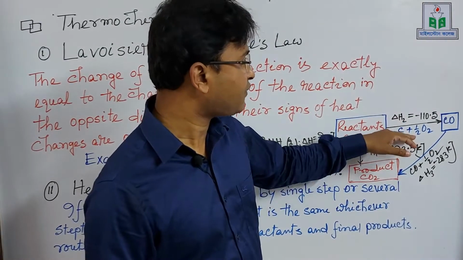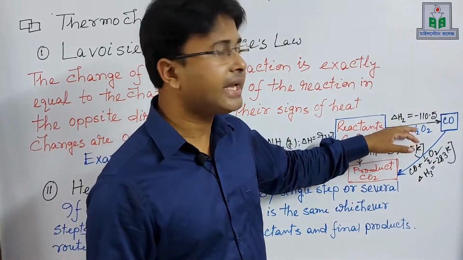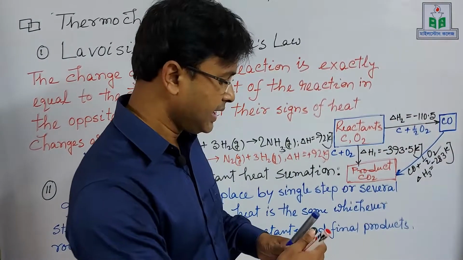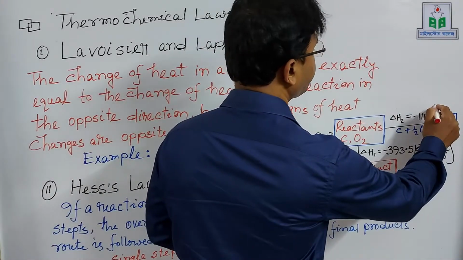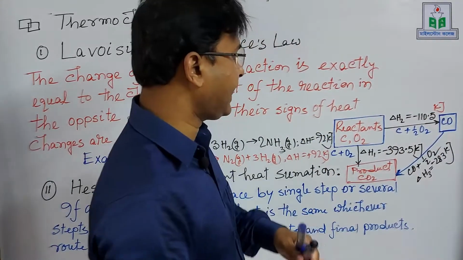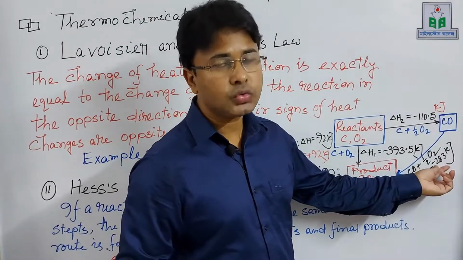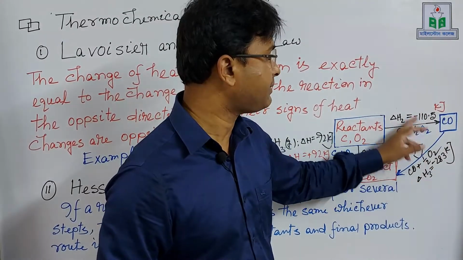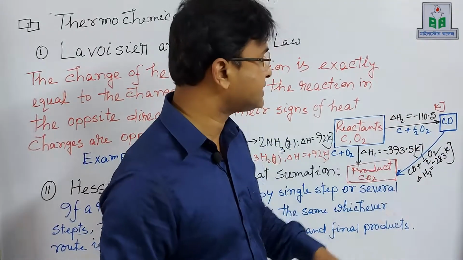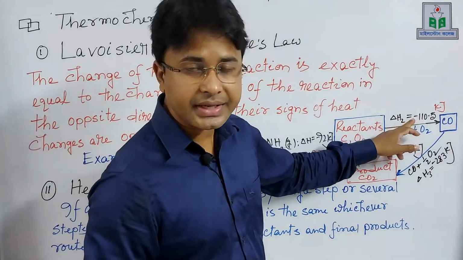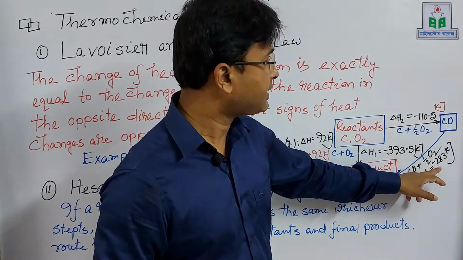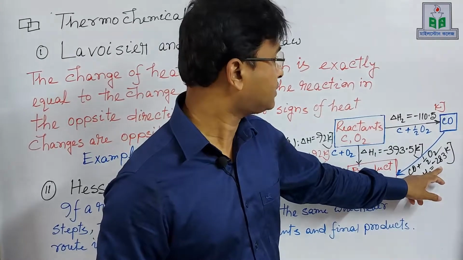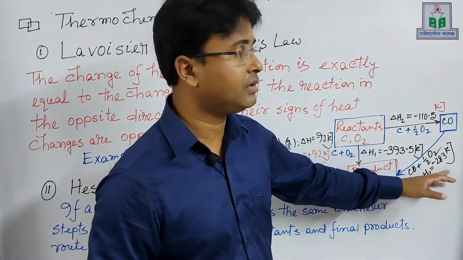At the first step the delta H value is minus 110.5 kilojoule, and at the second step the delta H value is minus 283 kilojoule, and the sum of the delta H values of both steps is minus 110.5 plus minus 283 kilojoule, equals minus 393.5 kilojoule.